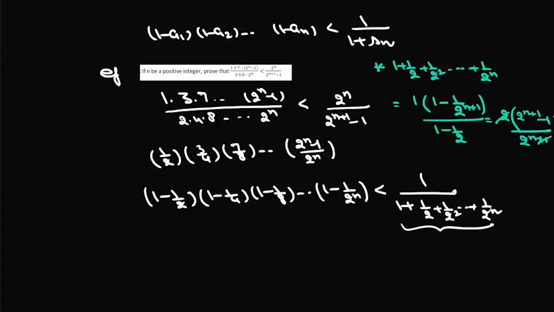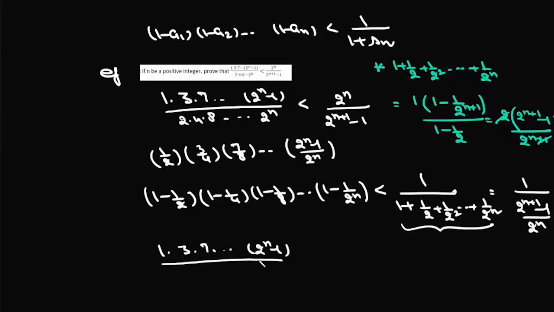So this value will be 1 upon 2 to the power of n plus 1 minus 1 upon 2 to the power n. So from here we can say this 1 into 3 into 7 up to 2 to the power of n minus 1 upon 2 into 4 into 8 up to 2 to the power n will always be less than 2 to the power n upon 2 to the power of n plus 1 minus 1.